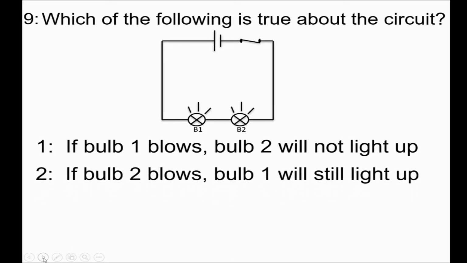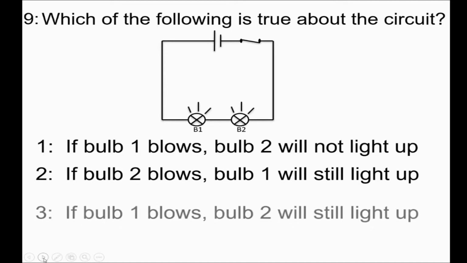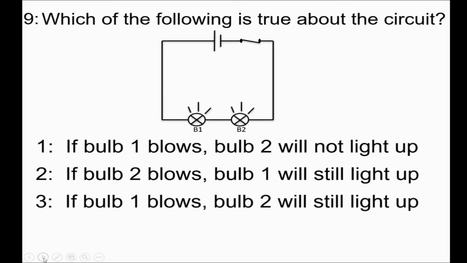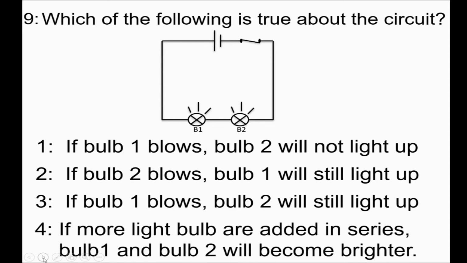B, if bulb 2 blows, bulb 1 will still light up. C says if bulb 1 blows, bulb 2 will still light up. And the last option, if more light bulbs are added in series, bulb 1 and bulb 2 will become brighter.